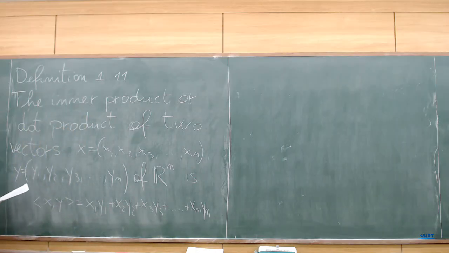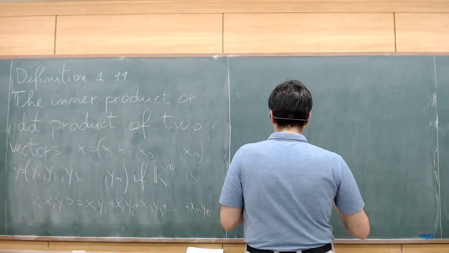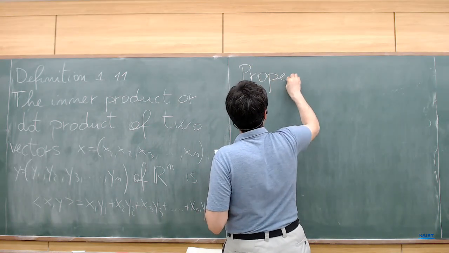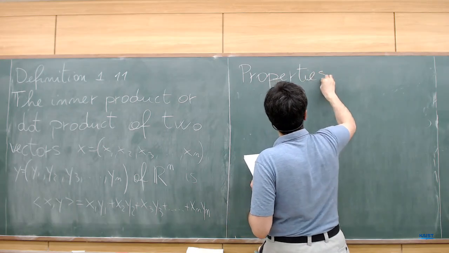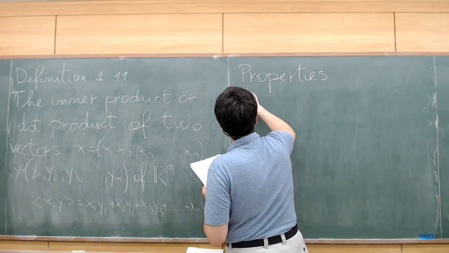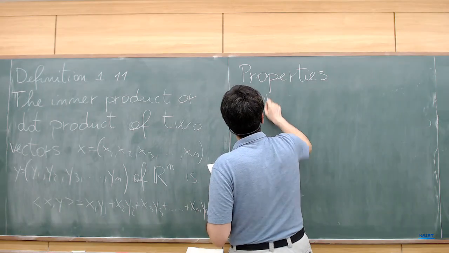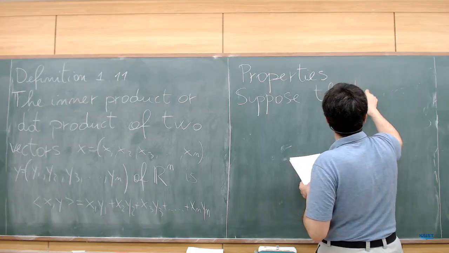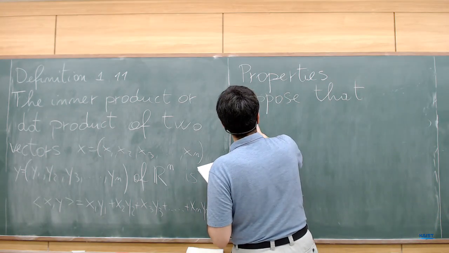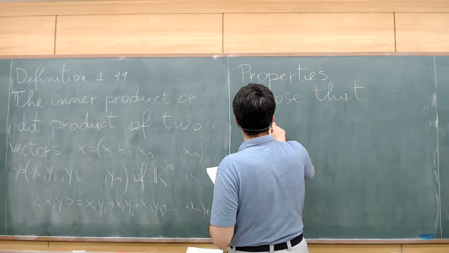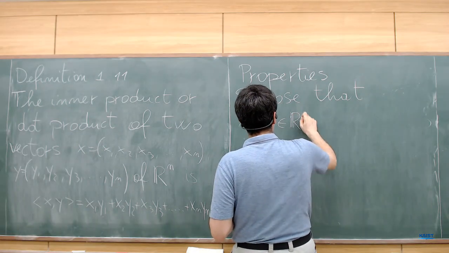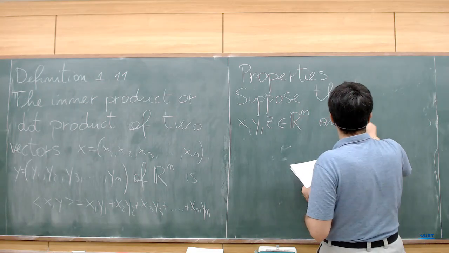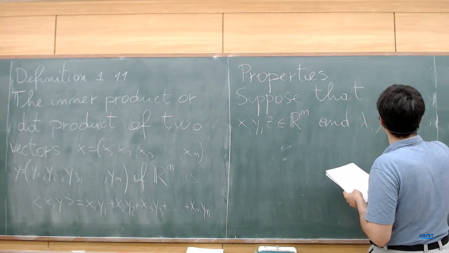The inner product has the following properties. Suppose that x, y, z are vectors in Rn, and lambda and mu are real numbers.